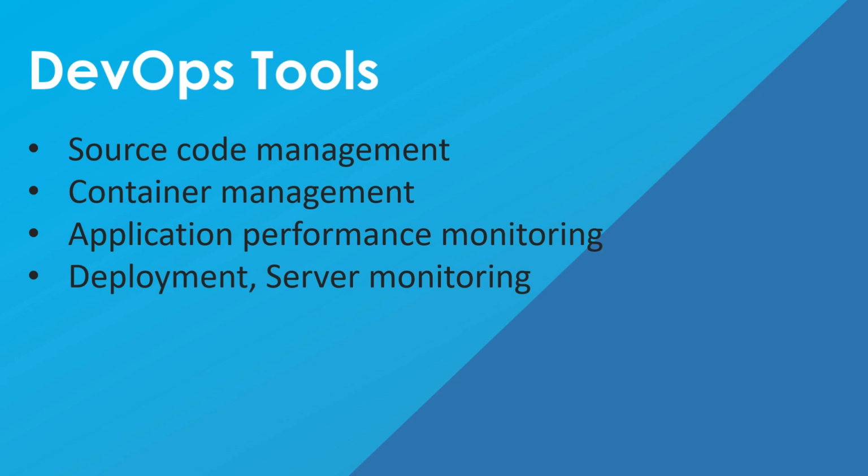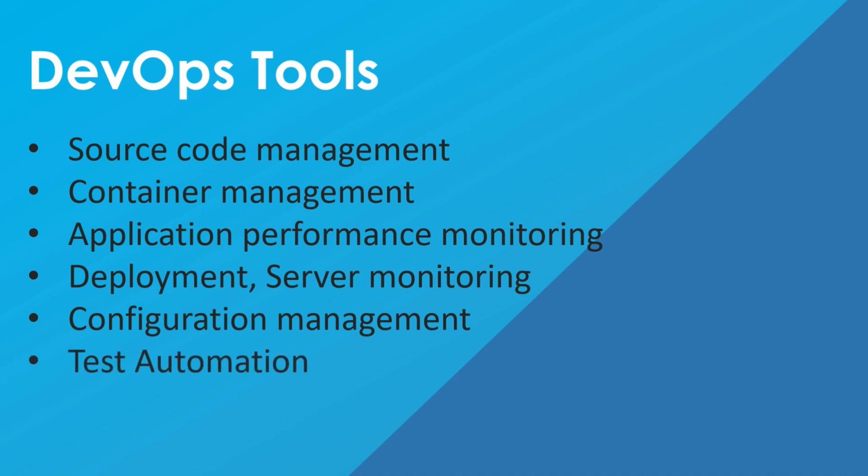Then we have configuration management tools, like Chef, Puppet, Ansible, Bamboo, Jenkins, and IBM UrbanCode. These tools are for managing and automating your infrastructure. After that, we have test automation tools in DevOps, like Ranorex, Selenium, and Test.ai. And these tools are used to release apps faster.